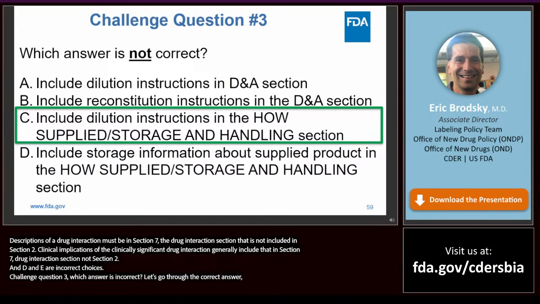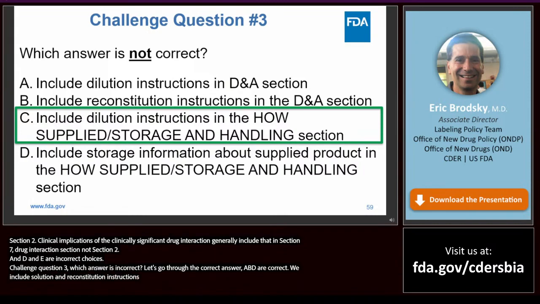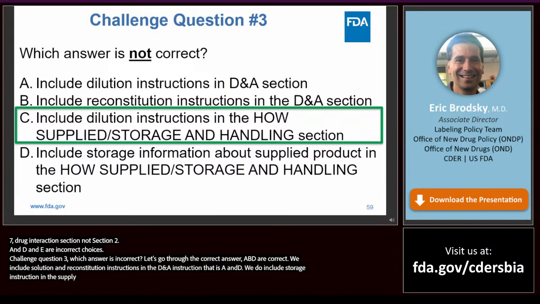We include dilution and reconstitution instructions in the DNA section. That's A and B. Answer D, we do include storage instructions about the supplied product in section 16, how supplied storage and handling. Answer C is not correct. We include dilution instructions in the DNA section, not in the how supplied and storage and handling section.